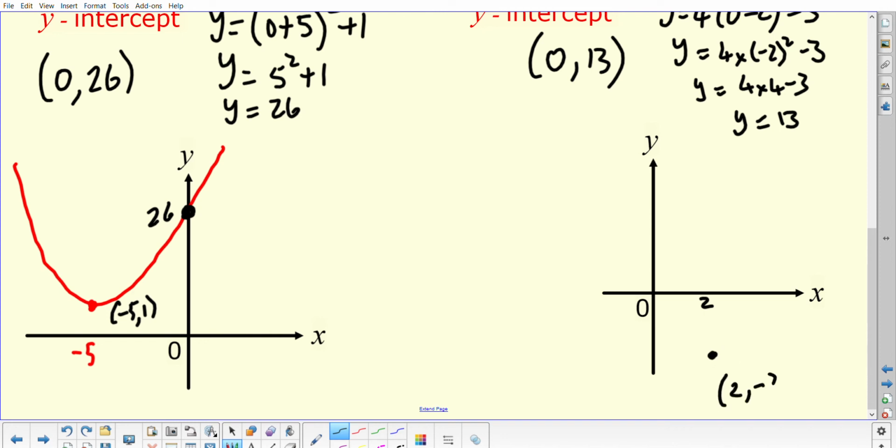We know the graph is a minimum turning point, and we know that it crosses the y-axis at the positive 13, so the graph's going to look like that. So this point here we can label as 13, and that would be your parabola shape, comes down to your turning point, and that would be you.